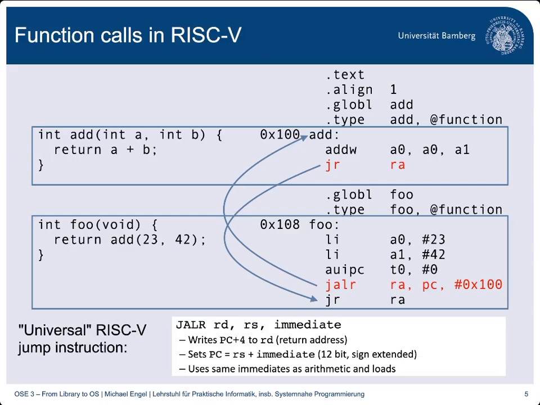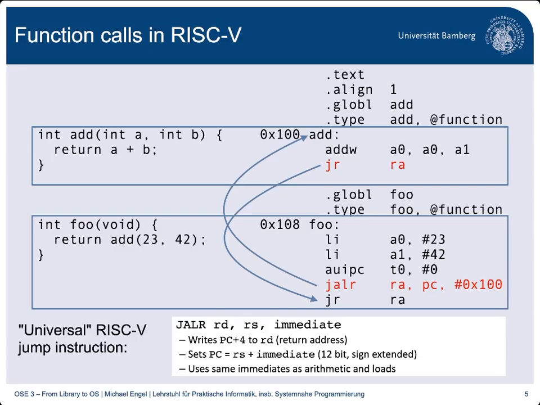Now, compared to a regular jump instruction, which would just jump, the JALR function does something in addition. The JALR function remembers where it came from. So there's a special register inside of the CPU called the link register, LR, which is used to store the return address. So what we want is a function call.